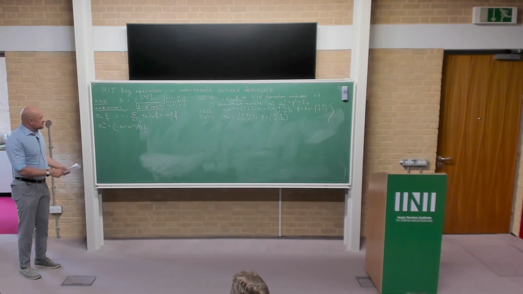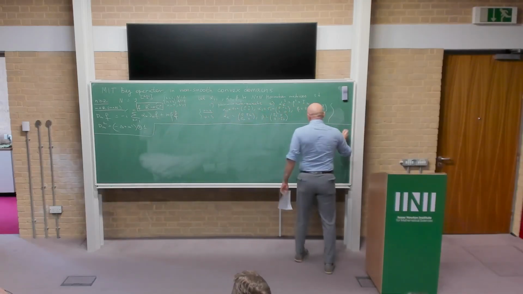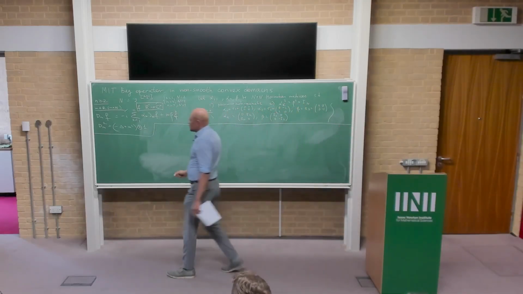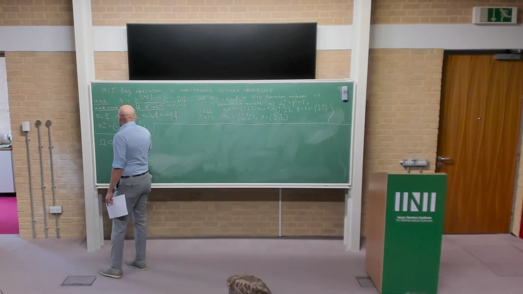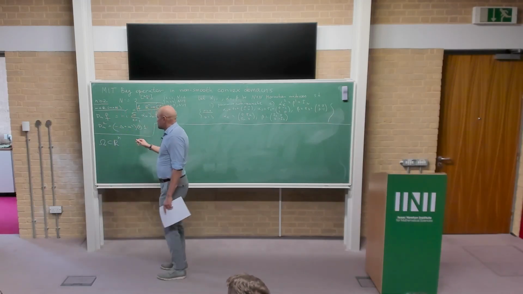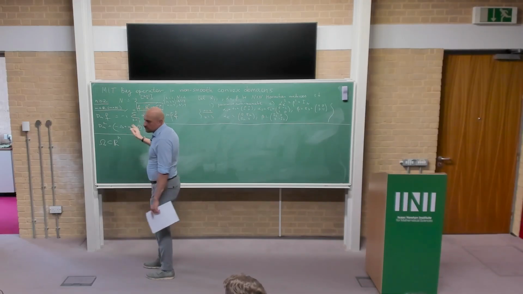So what is actually my point? This was an introduction. What is the main topic? Now I take a domain omega, some reasonable domain, probably bounded, though maybe that is not really important.